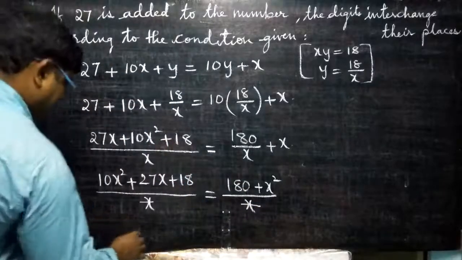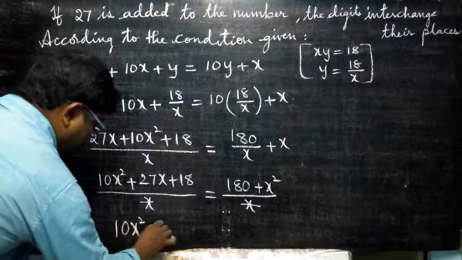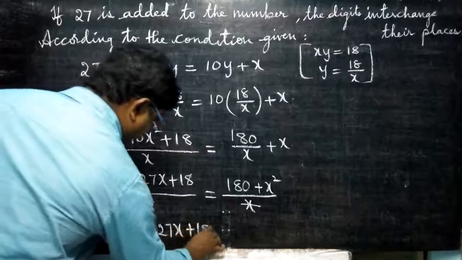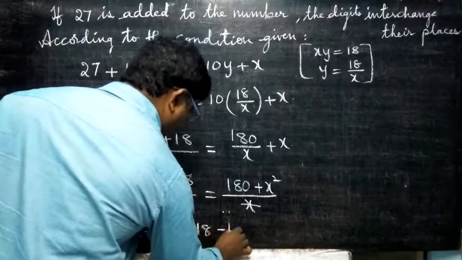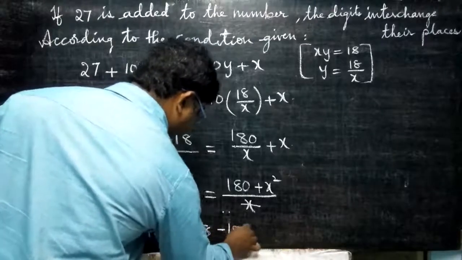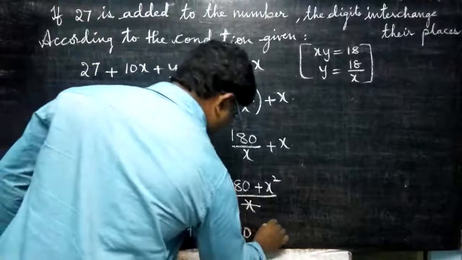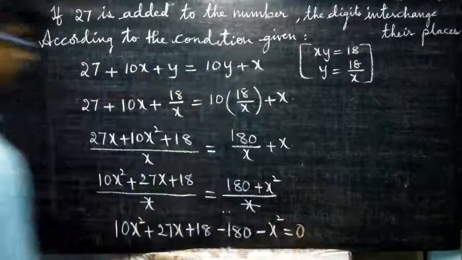What remains: 10x square plus 27x plus 18, minus, because plus coming from the right side to the left side becomes minus, is equal to 0.